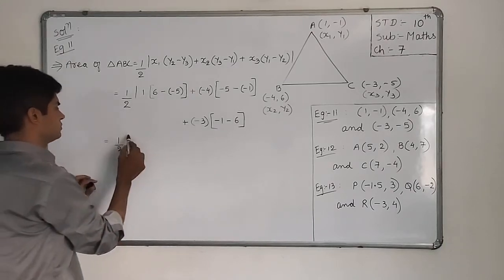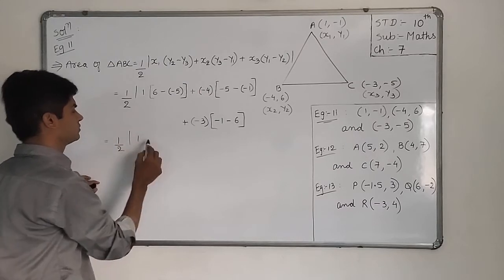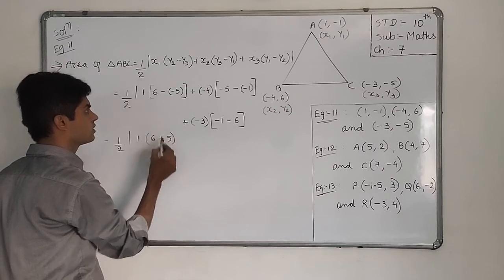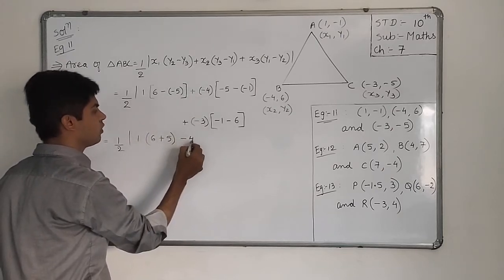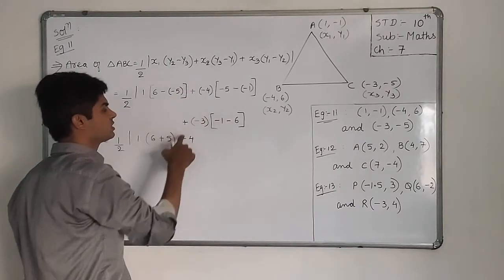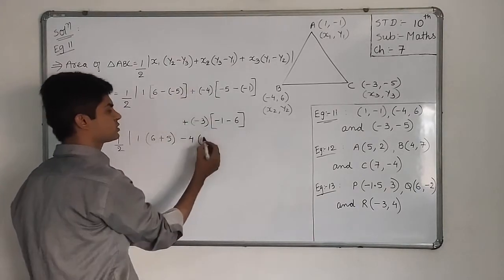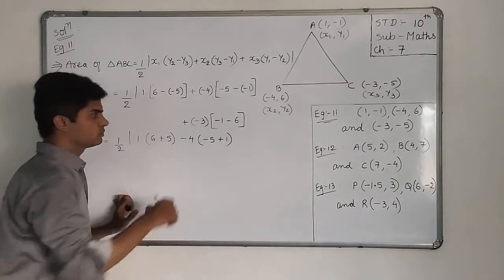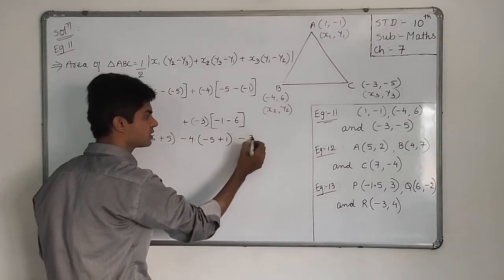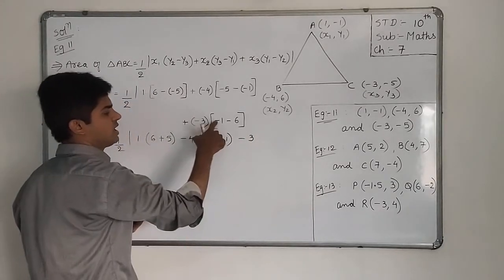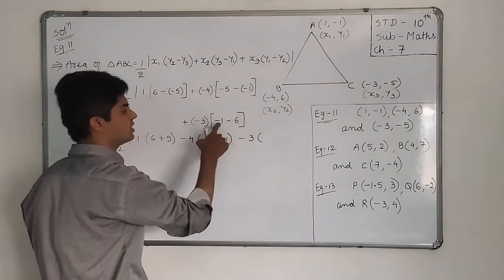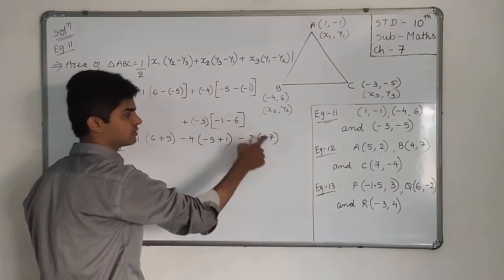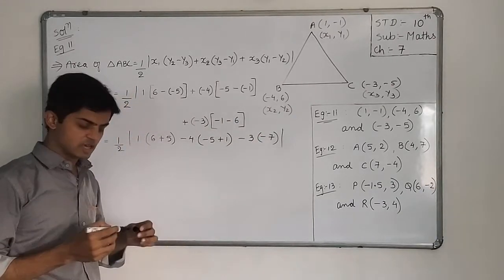Okay, 1 bracket 6 minus minus plus 5, plus minus minus 4. Understood? Plus minus minus 4 minus 5 minus minus plus 1 bracket over, plus minus minus 3. Okay, minus 1 minus 6. Minus 1 minus 6, minus minus addition, bigger number sign, and 7 is the answer of addition.